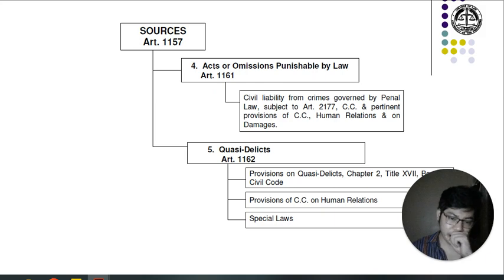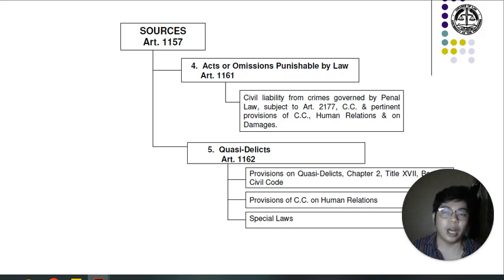Okay, but how do we define a quasi-contract? The basic elements: a quasi-contract must be a lawful, voluntary, and unilateral act. Again, lawful, voluntary, and unilateral. Therefore, it must not be unlawful, it must not be involuntary, and it must not be bilateral.